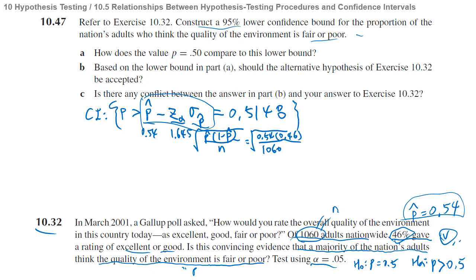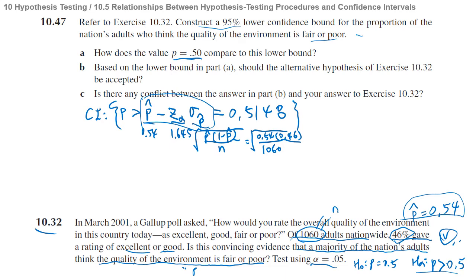And how does the value p equals 0.50 compare to this lower bound? Actually, this one is not inside of the confidence interval. So what this means is that we will reject the null hypothesis and we will accept the alternative hypothesis.